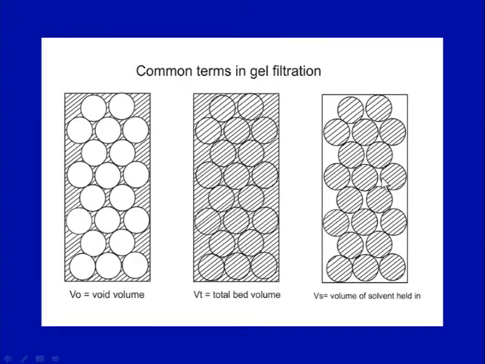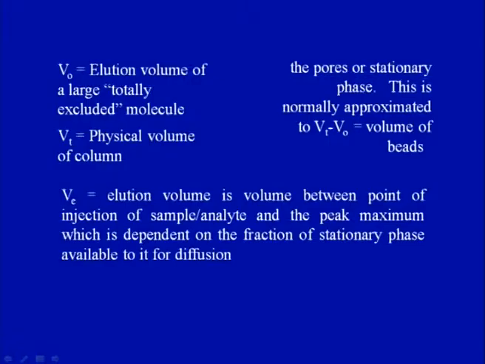And then you have the volume which is inside the stationary phase, and that is called Vs, or volume of the solvent held in the beads. So, that is how the void volume, the total bed volume, and the volume occupied by solvent inside the support beads are described.